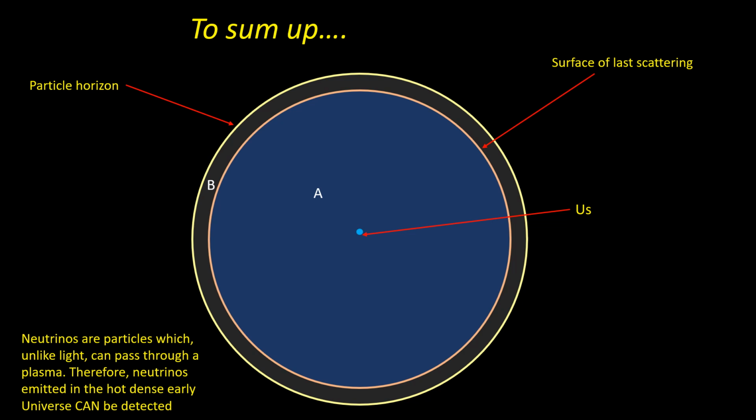If a neutrino was moving near the speed of light, we could see it if it was just outside the particle horizon. So that's region B in this diagram, whereas objects within the surface of last scattering are region A. And finally, we can't receive any information outside the particle horizon. That's region C in this diagram.